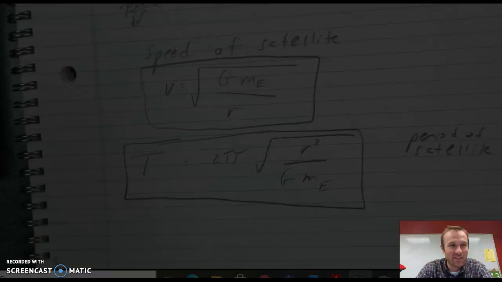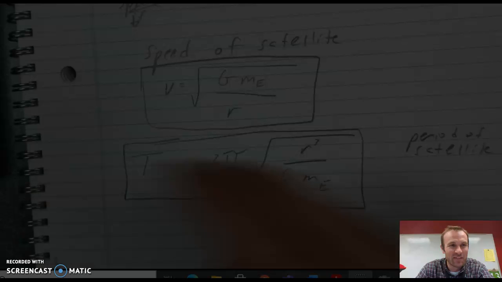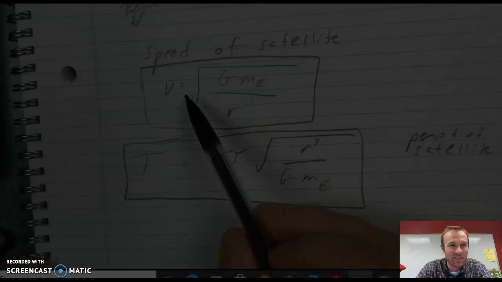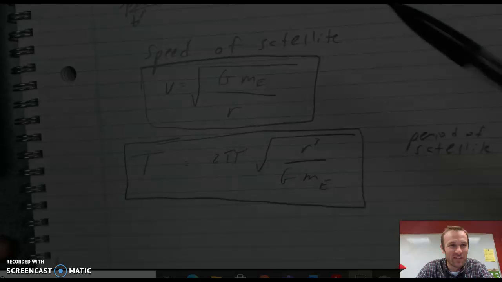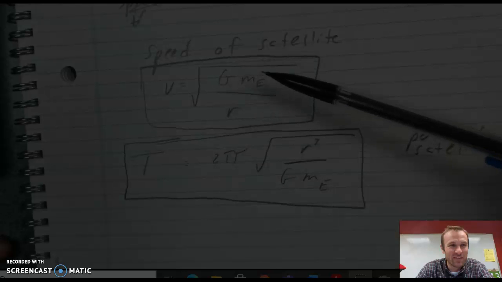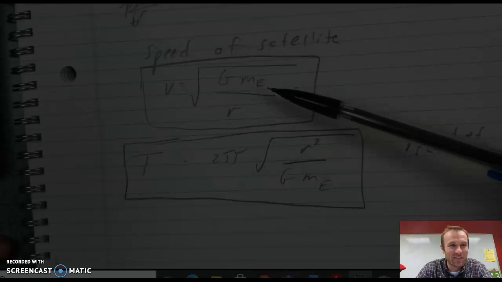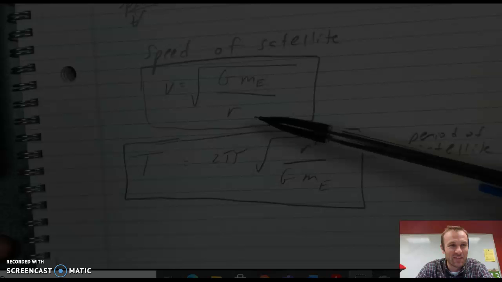Okay, here are those two equations that you're going to need. We have the speed of a satellite, with the velocity of the satellite as our variable we're solving for: square root of big G, 6.67 times 10 to the negative 11th, times the mass of planet Earth divided by r. So r is the radius of the Earth plus the additional height above the surface of the Earth.